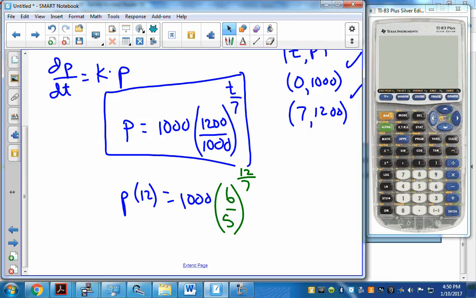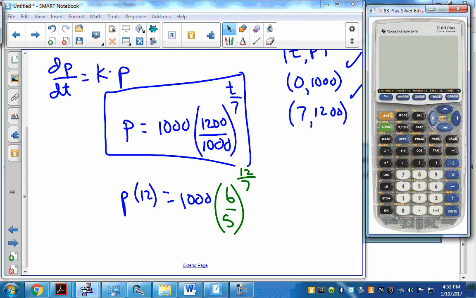So that's our answer. Jump on the calculator, and we have 1,000 times 6/5. What's that, 1.2 in decimal world? 6/5, and that's raised to the 12 sevenths, and I don't know the decimal for 12 sevenths, so I'll just do it as 12 sevenths. And that's supposed to be raised to the 12 sevenths power.